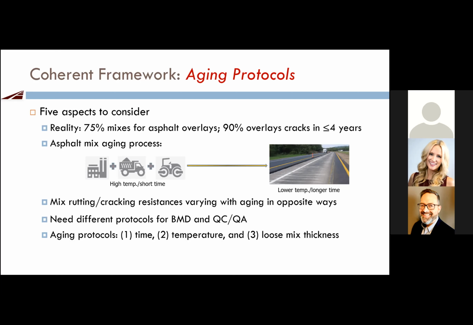So we have to consider this when we choose critical aging times. For rutting, we need to talk about short-term aging, and that's the most vulnerable time for mix potentially prone to rutting. For cracking, we have to age it a little bit longer time. So that's why we need different aging protocols.